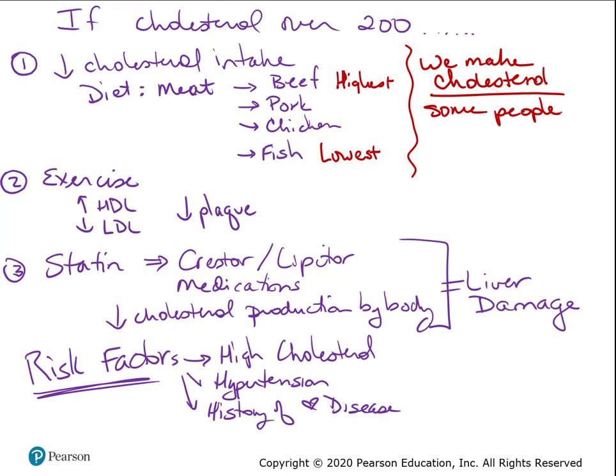His dad has the exact same. He looks just like his dad now, because he's like 30 years older. In fact, he has the same genetics. He has the same build. He has the same cholesterol issue. It's a genetics thing. Some people make more cholesterol than others, and it is genetics. It's based on how your parents are.